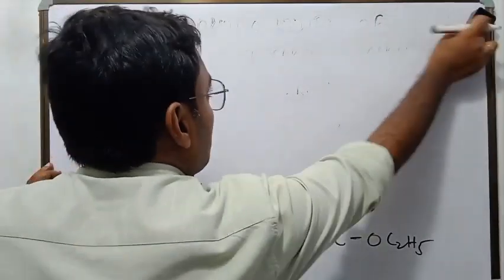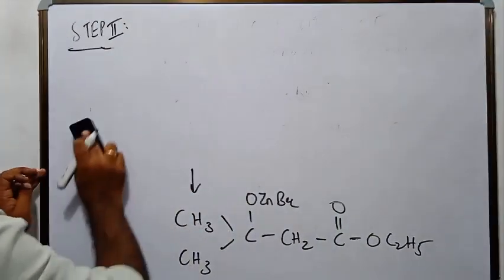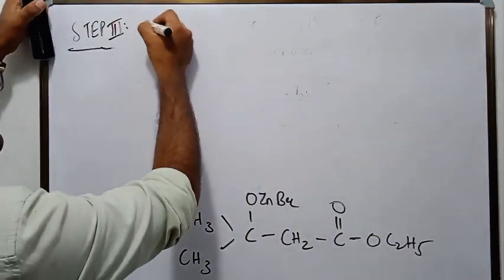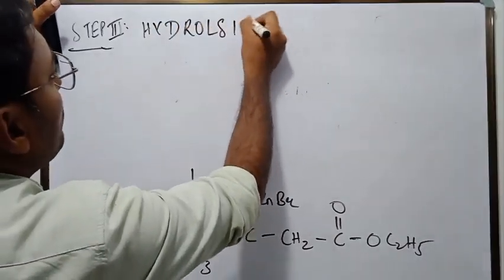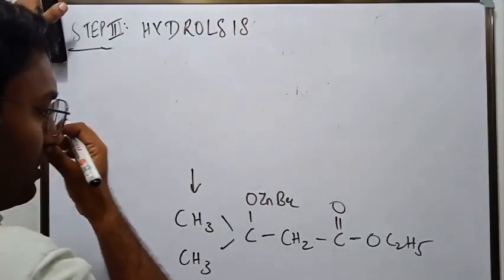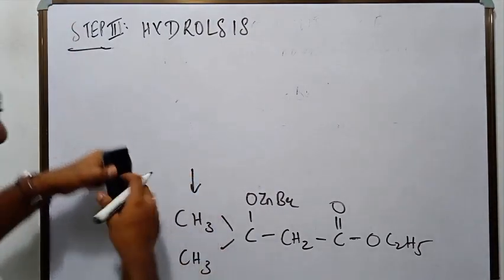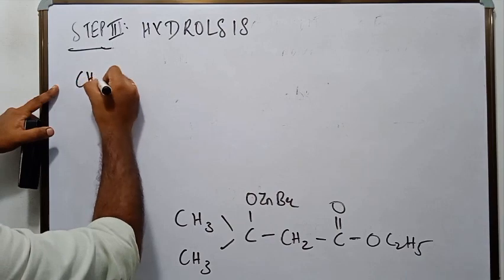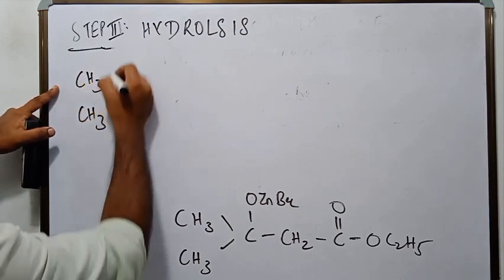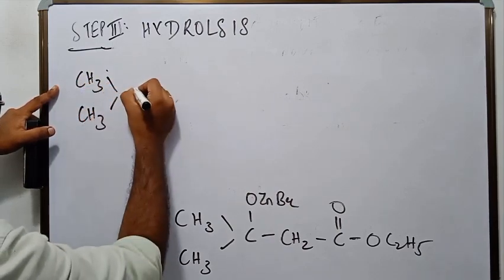Step 3, hydrolysis. So now we are going for hydrolysis. This is subjected to hydrolysis. I am going to write this here. Acidic hydrolysis we are going to carry out.